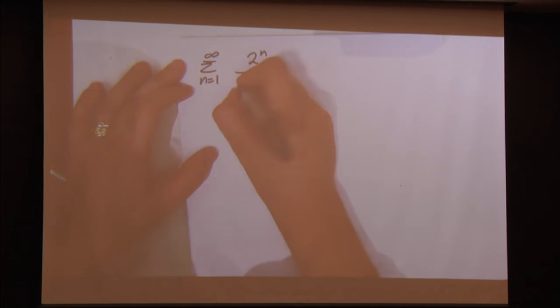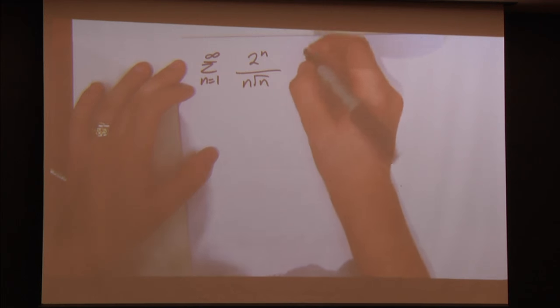So that's that. Let's do more. Okay, so let's do the sum from n equals 1 of x^n over n root n 2^n.